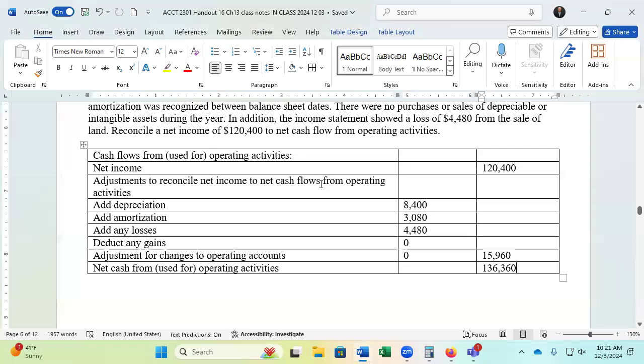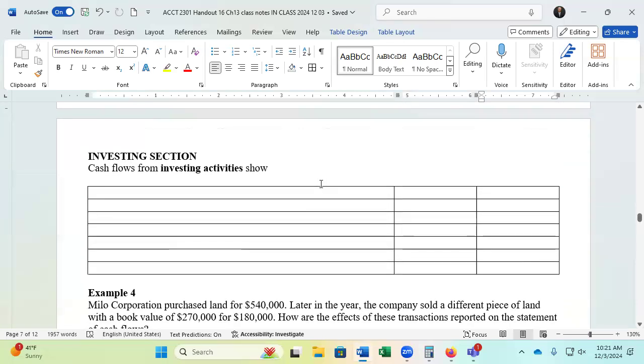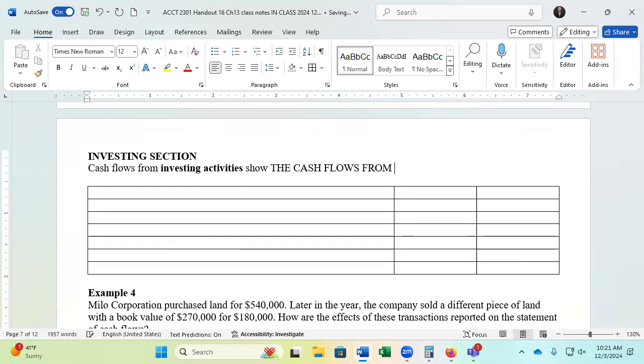Any questions? Okay, let's talk about the investing section. So we said cash flows from investing activities show the cash flows from investments and PP&E.